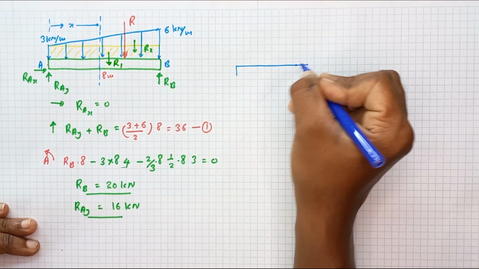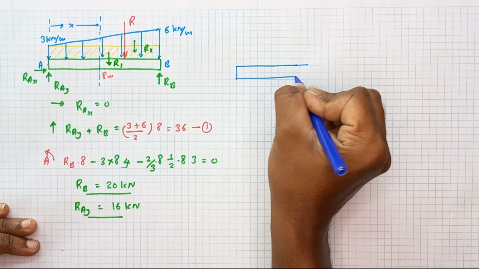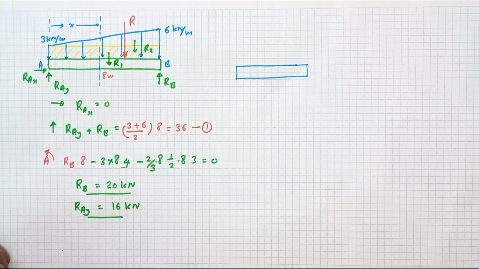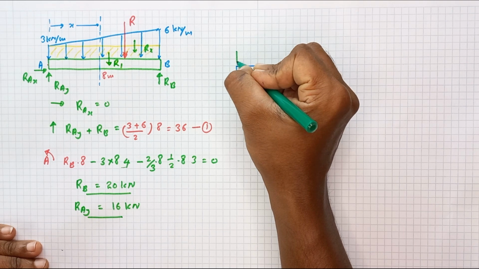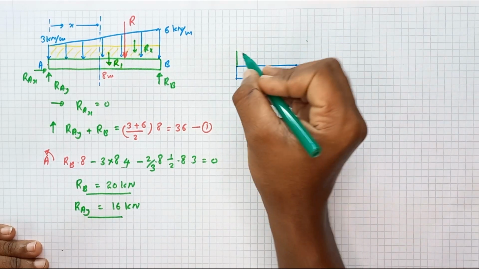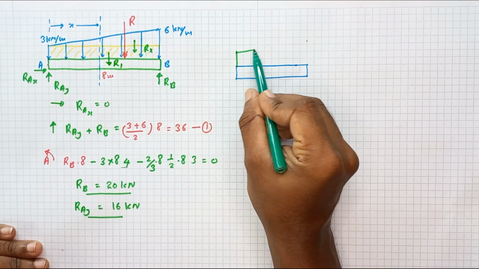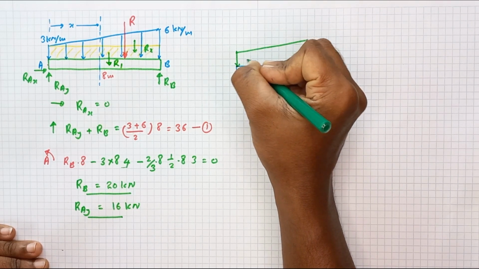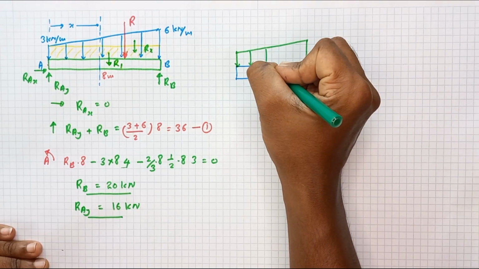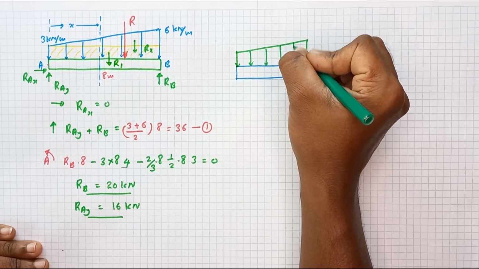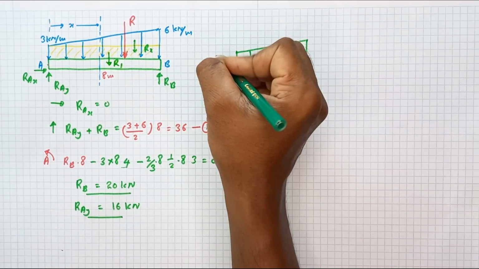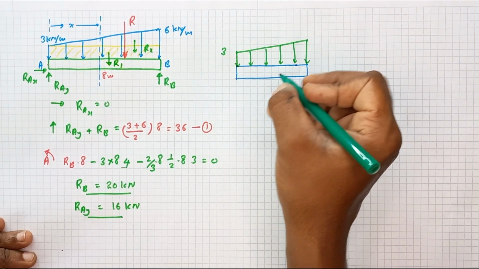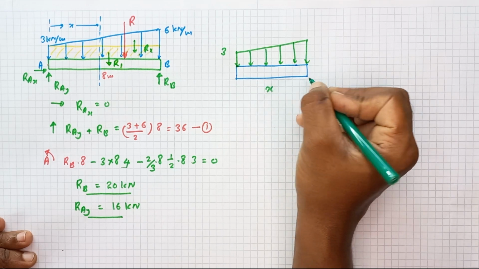The x distance, and the distributed load. It is 3. The height is equal to 3. The length is equal to x.